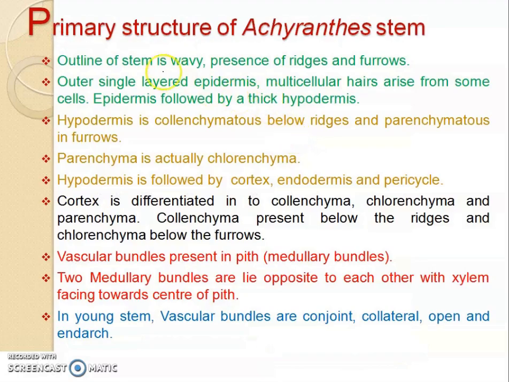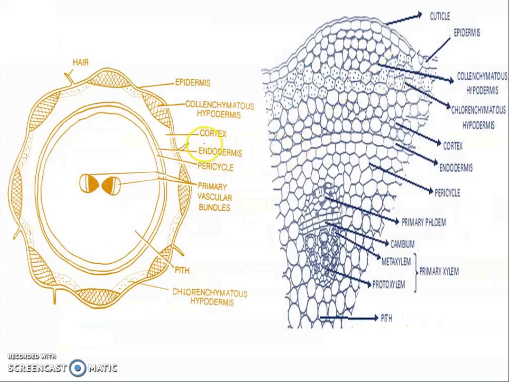Primary structure of Achyranthes stem: the outline of the stem is wavy. Wavy means presence of ridges and furrows. So this is the primary structure of Achyranthes, where ridges and furrows are present.